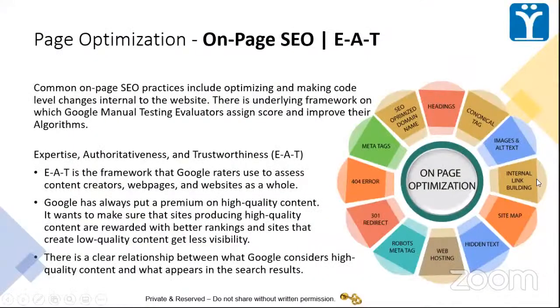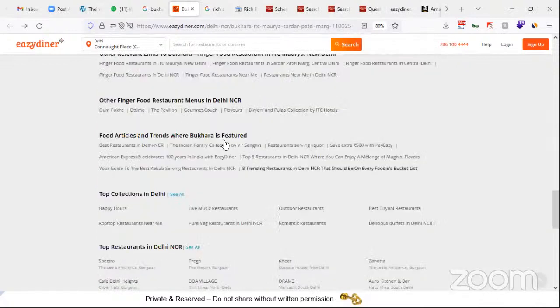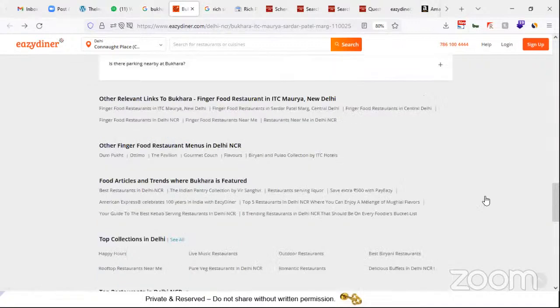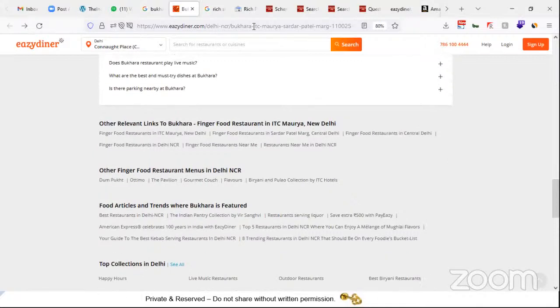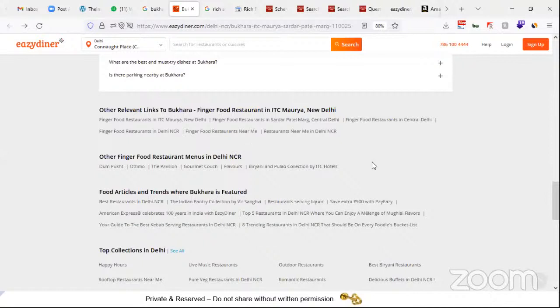And then internal link building. For this, if you see the pages, mostly we will also use it here. You're able to see, right? Yes, sir. These are all interlinks. So this is a hotel detail page. From the hotel detail page, I am trying to put other relevant links on the page so that I can interlink.